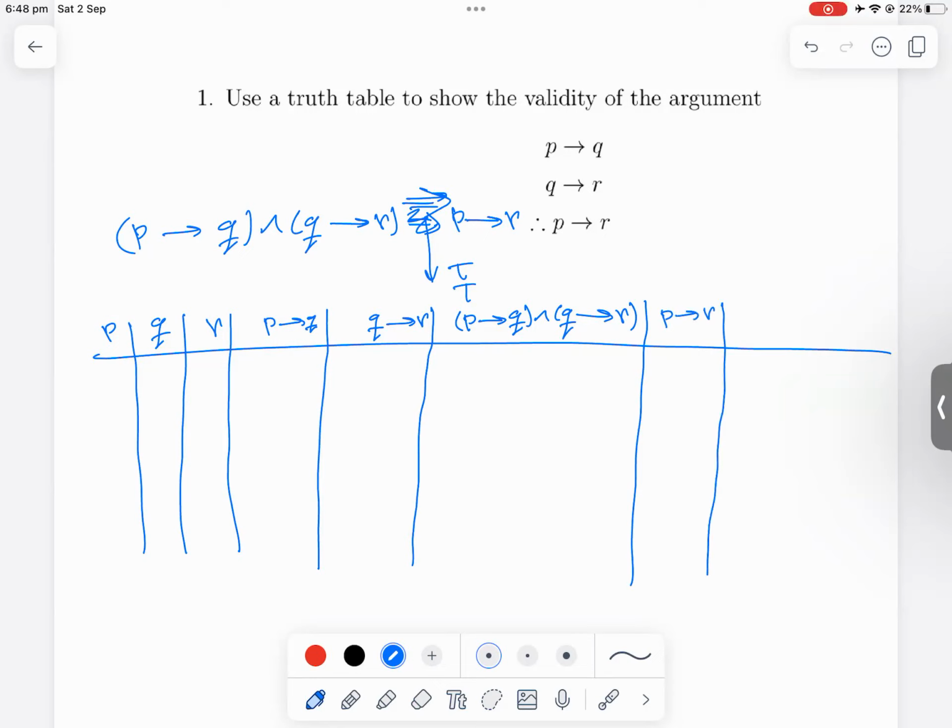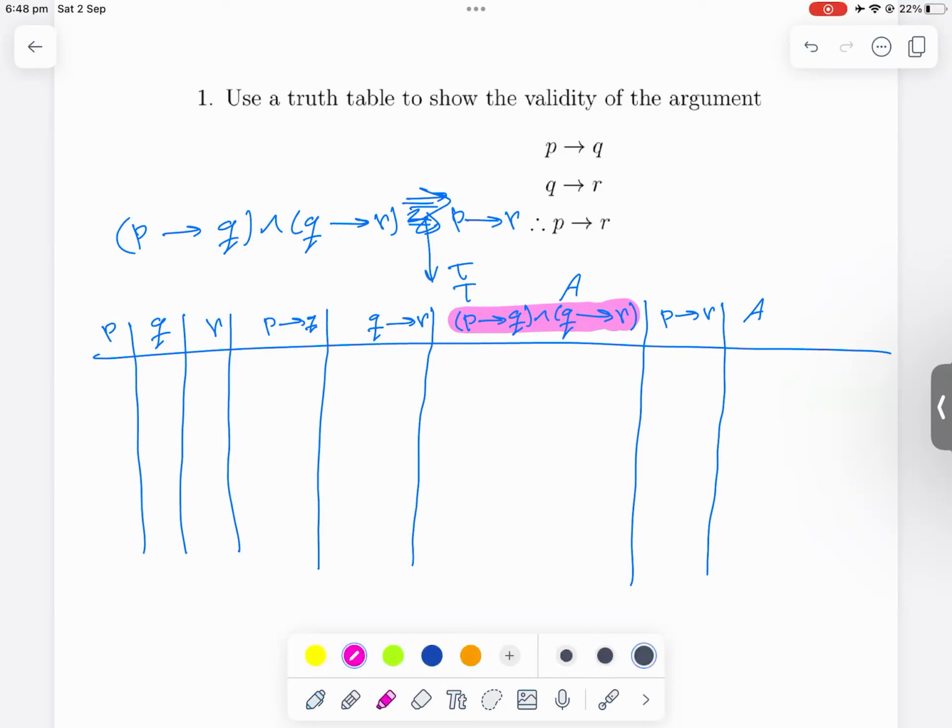Then after we need to do this one. Let's call this guy here A. Better not to write A, but because of the lack of space, I have to do that.